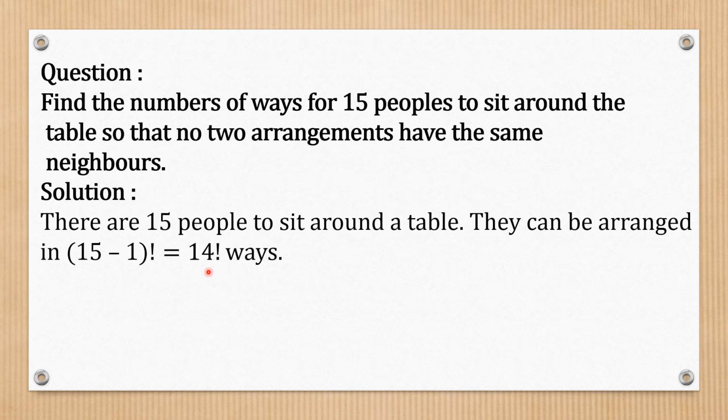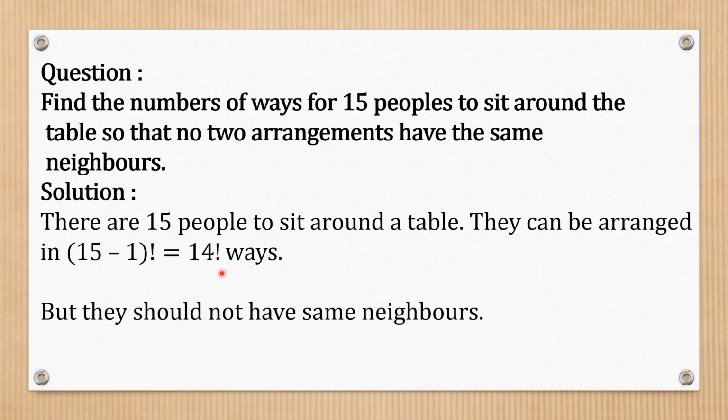In circular permutation, the number of circular permutations of n different objects will be (n minus 1) factorial. So over here we have 15 people, so we can arrange among themselves in (15 minus 1) factorial. So we have got 14 factorial ways.